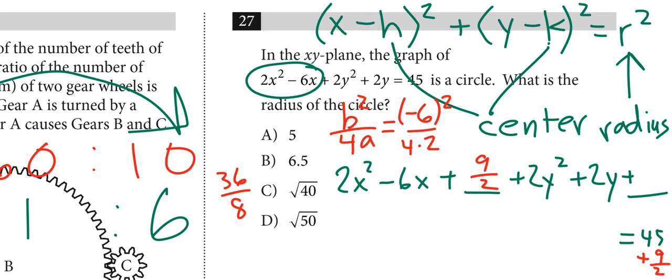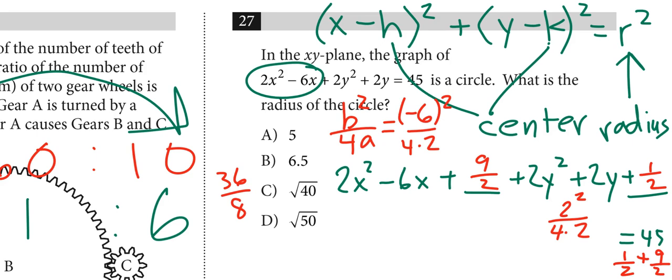Okay. And then if I do the same thing here, b squared over 4 times a, for the y's, that would be 4 over 8, which would be 1/2. So that means I would have to add 1/2 to the other side. What is 1/2 plus 9/2? 5, thank you very much.